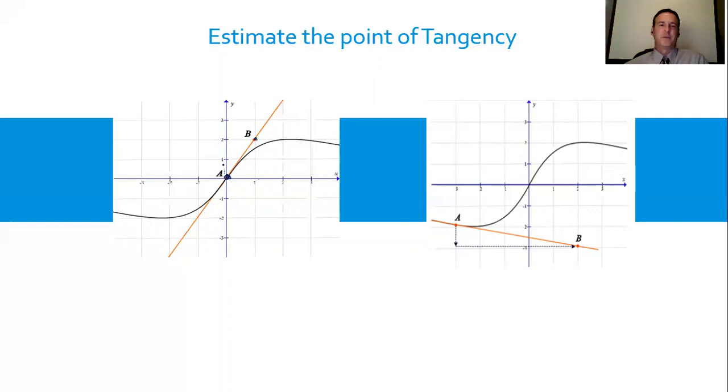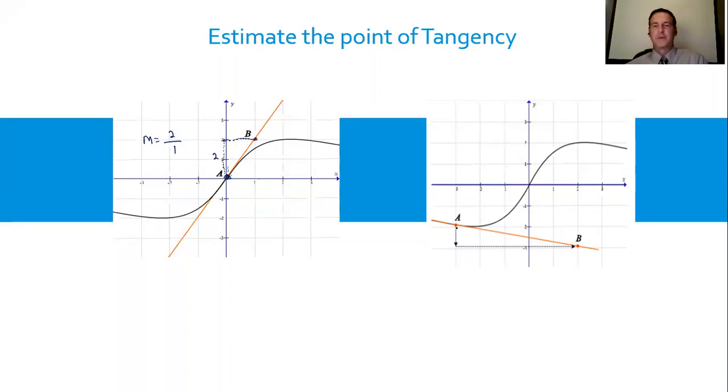And all I'm going to do is count up from A to B as we go from left to right, okay? And my slope is, well, this increase up is a positive 2. And then from here, you're moving to the right 1. Okay, so my estimate for this respective tangent line should be 2.